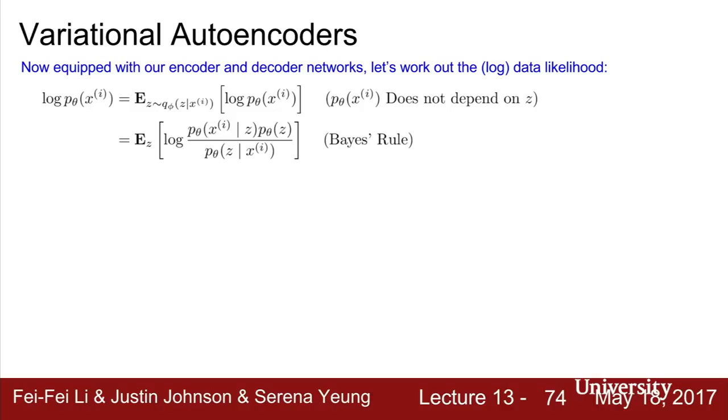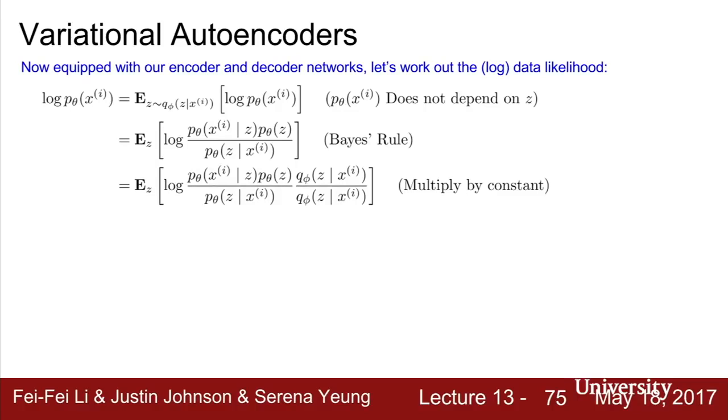Okay, so now from this original expression, we can expand it out to be log of p of x given z, p of z over p of z given x using Bayes' rule. So this is just directly writing this out. And then taking this, we can also multiply it by a constant, q of z given x over q of z given x, this is 1.